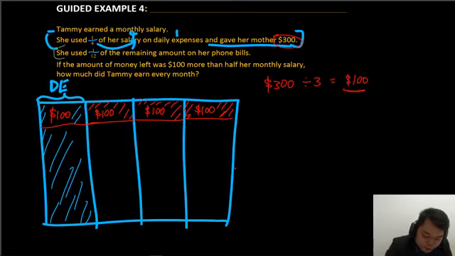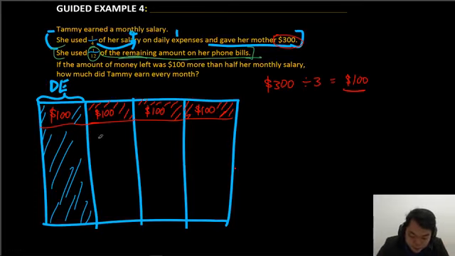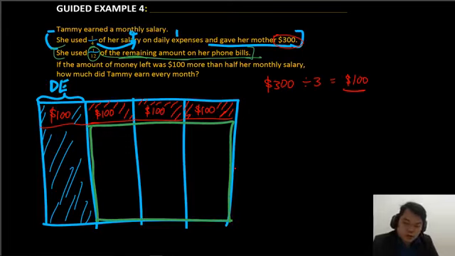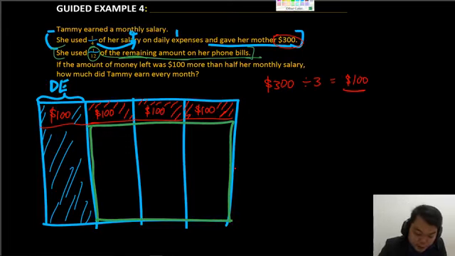Then she used 1/12 of the remaining money on her phone bills. So now your remaining portion is going to be over here, after all that money has been used. We have 3 columns here, and we want to split them into 12 equal portions and use one of them on the phone bill.